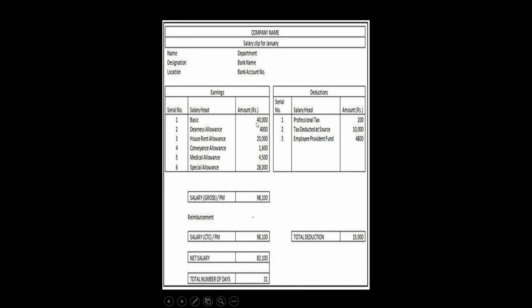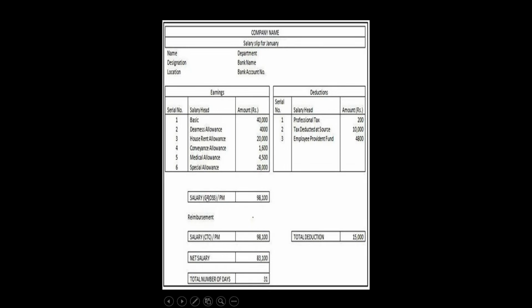This person has a basic salary of around 40,000 Rand, and they've got different allowances as well. These are benefits that the company would be offering to this individual. So they've got a DNS allowance, house rent, conveyance, medical, and special allowance. And then you can see they say salary gross per month is about 98,000 Rand.